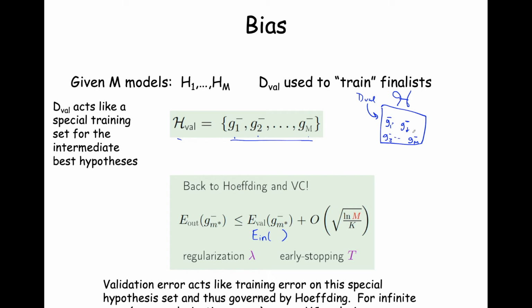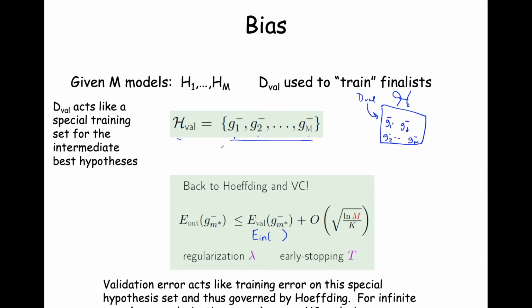Now, this is for the finite case, right? If you use the infinite case, where let's say you're just doing regularization on a regular learning, you use VC analysis. You have your regularization parameter, and you talk about VC analysis because you have an infinite size hypothesis set.